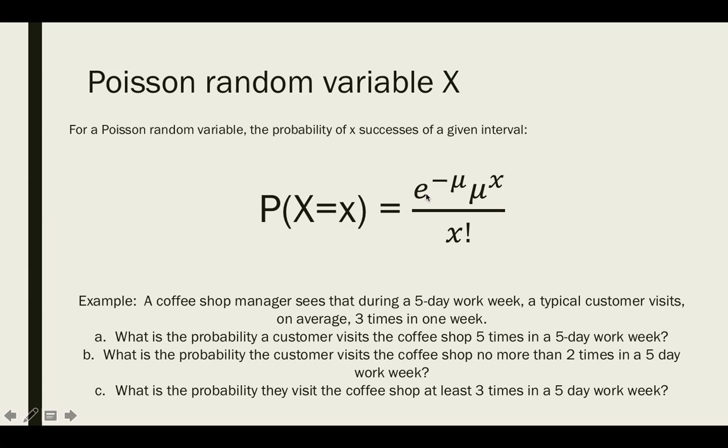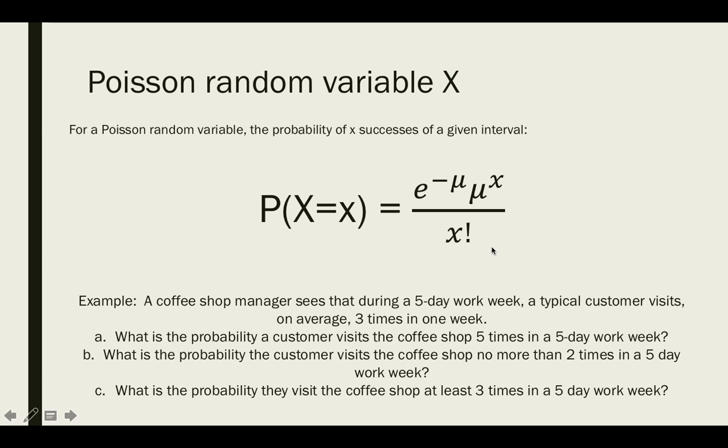It's a number similar to pi. It's an irrational number. The mu here is, of course, our average. That'll be given to us, or we'll have to calculate that. So it's e to the negative mu times mu to the x, again here the average, raised to the number of successes that we're looking at, divided by the factorial of the number of successes.